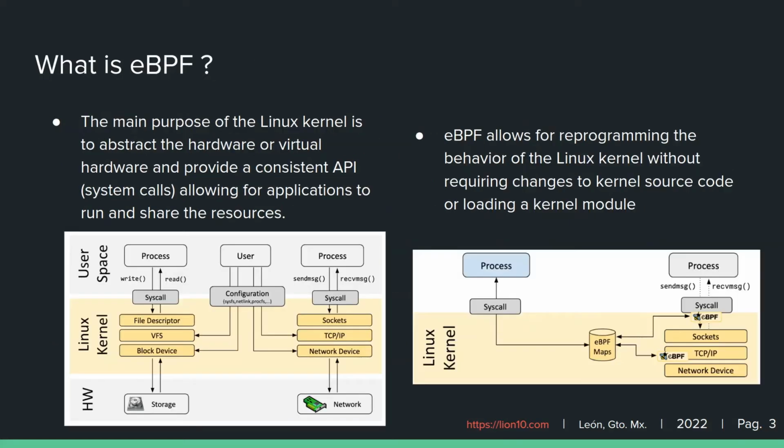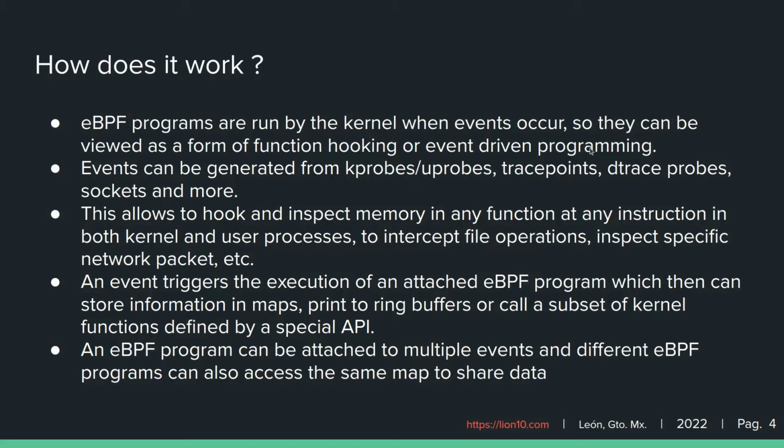Here, for example, let's say that you're interacting with the network layer. You can set up a program that acts whenever Linux receives a syscall, like send or receive message, which are low-level networking function calls. You could have a program that acts according to one of these functions, and you can hook this function to different parts of the kernel.